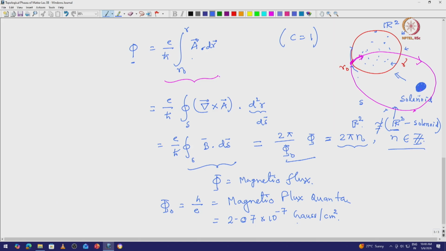It is now defined by this winding number n. If the electron goes around, it now has a phase that will be 2 pi times n. Okay. Whereas here it will always be 0 in this case.